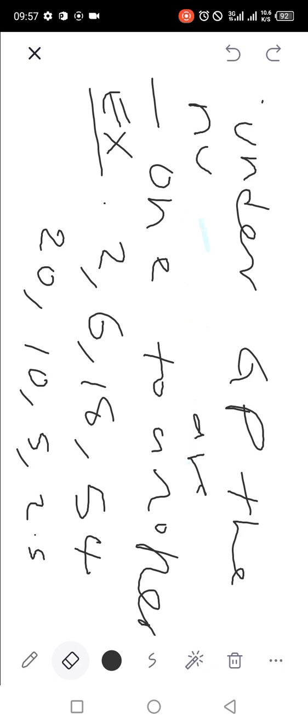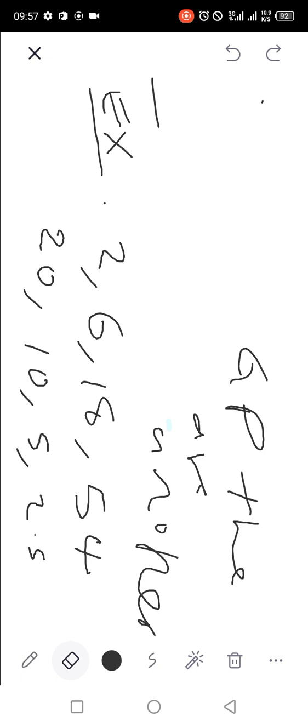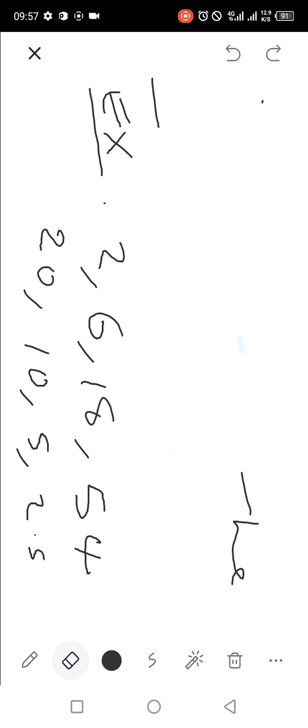Okay? The numbers are multiplied or divided by a number called common ratio. Common ratio, R. So write somewhere to say R, which is common ratio.